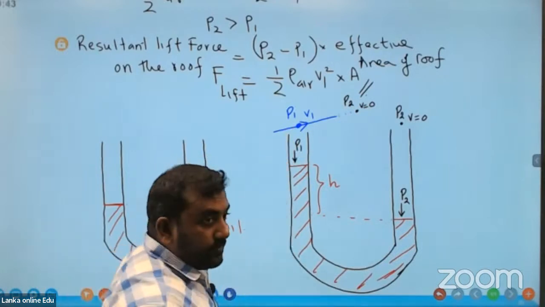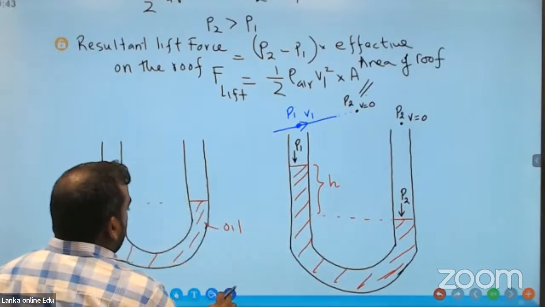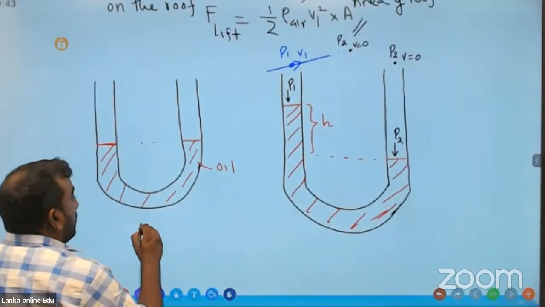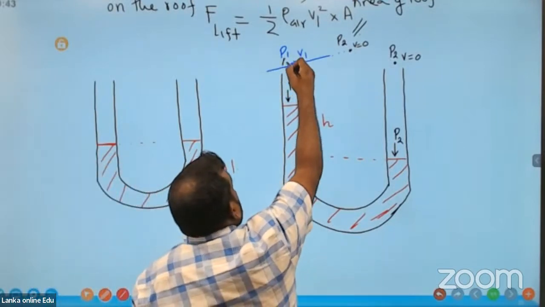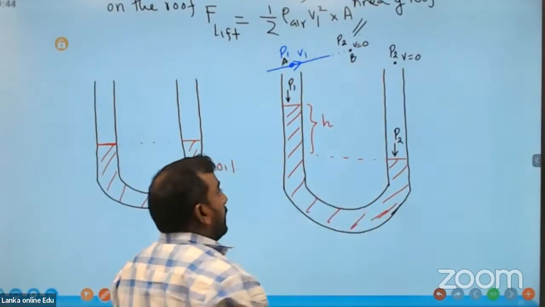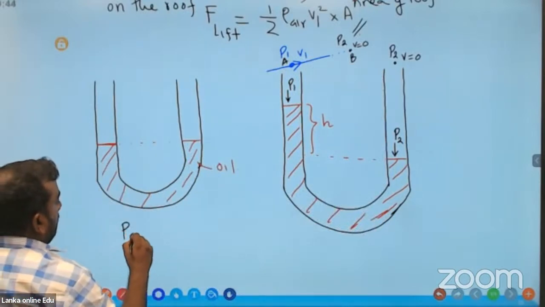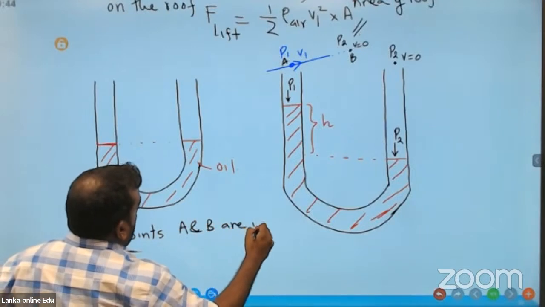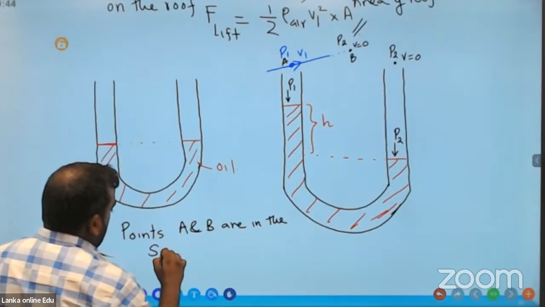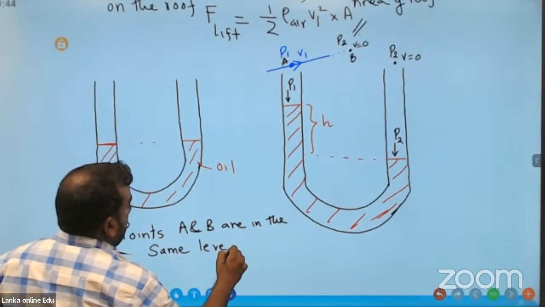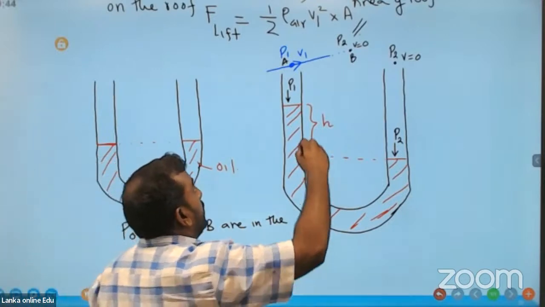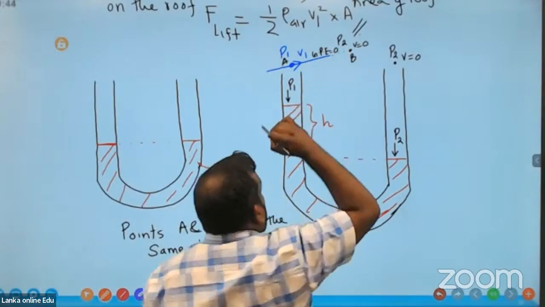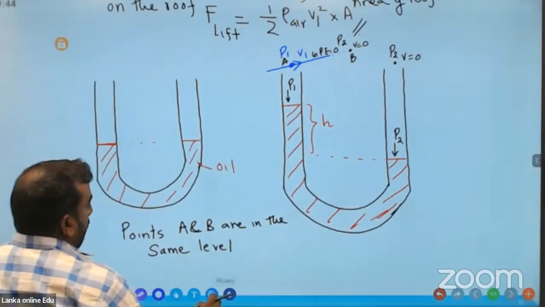You can name these points A and B. Points A and B are at the same level, so no change in the gravitational potential energy. If you want, we can take this as the Gp equals 0 line.